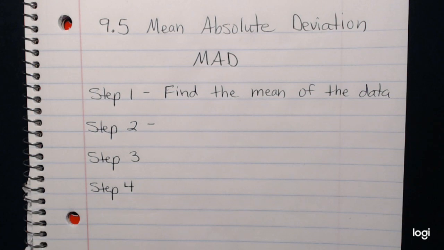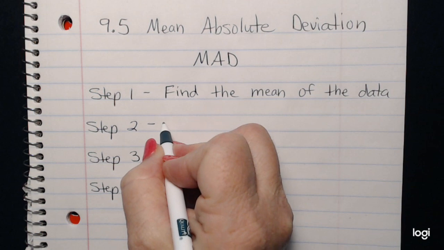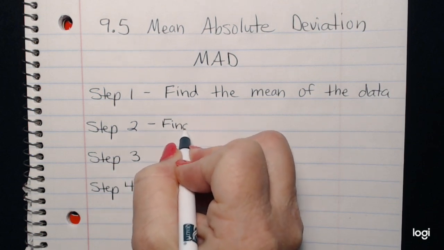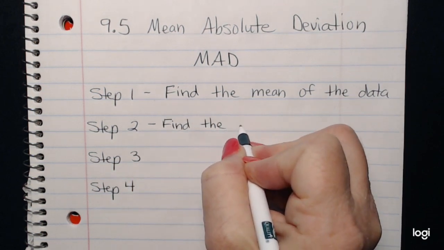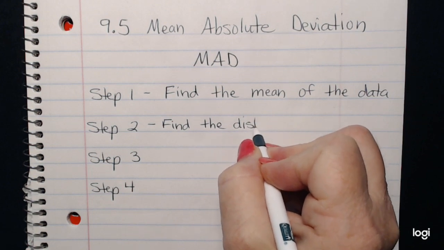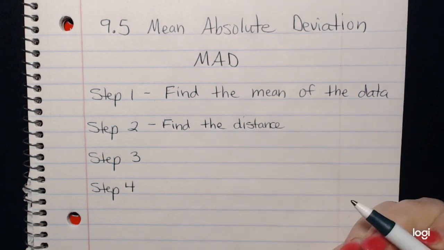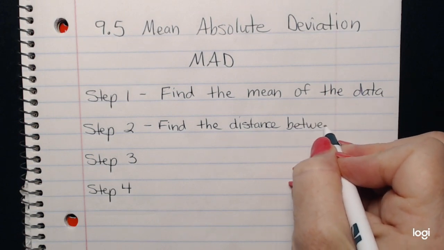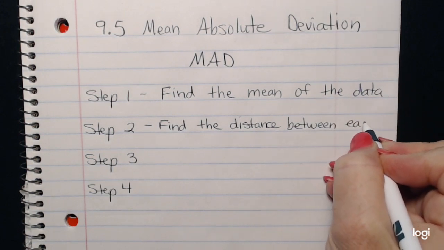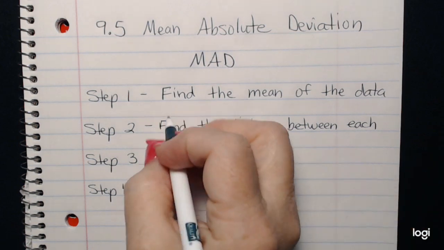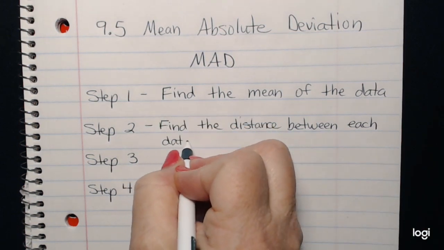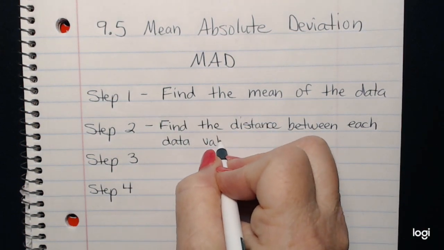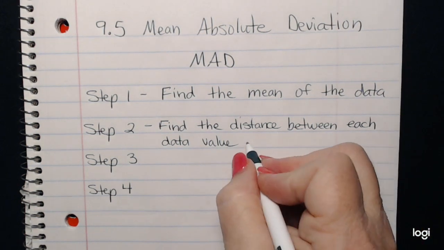All right, let's go on to step 2. Step 2 then is to find the distance. So let's write find the distance between each data value and the mean.